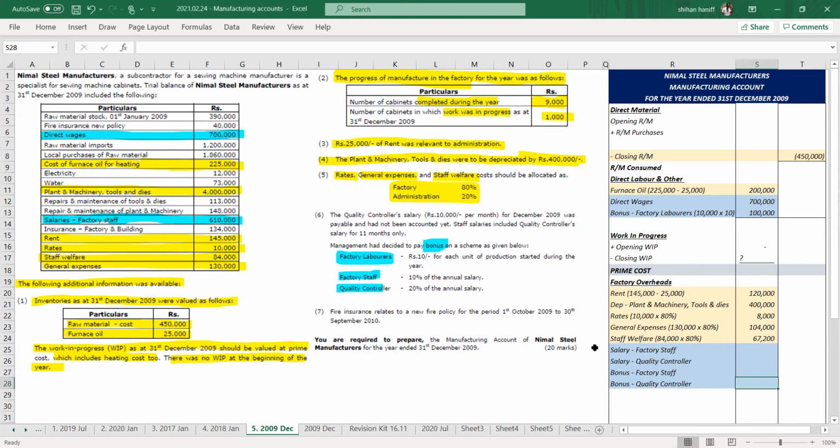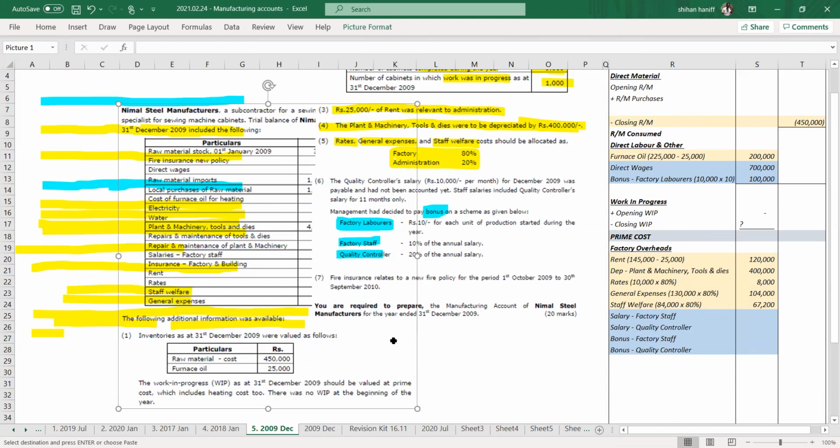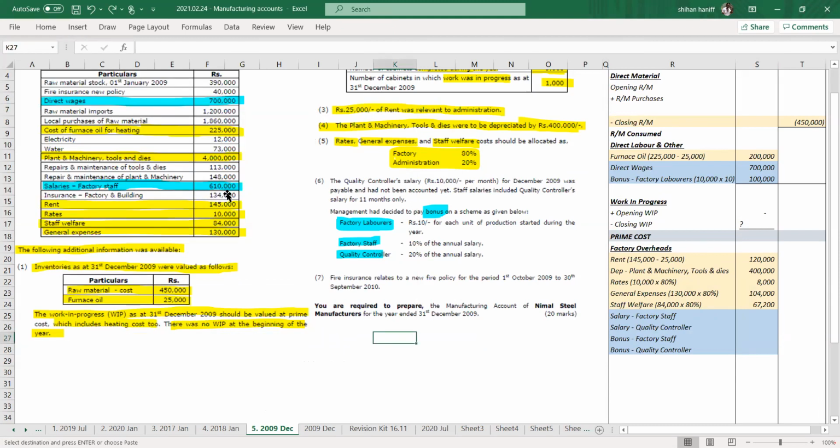Okay, let me explain the salary. If you take the factory staff salary, here in the trial balance, they have given 610,000. So factory staff salary, which is given in the trial balance, is 610,000. I'm doing a working for the salaries. And this can be divided into two.